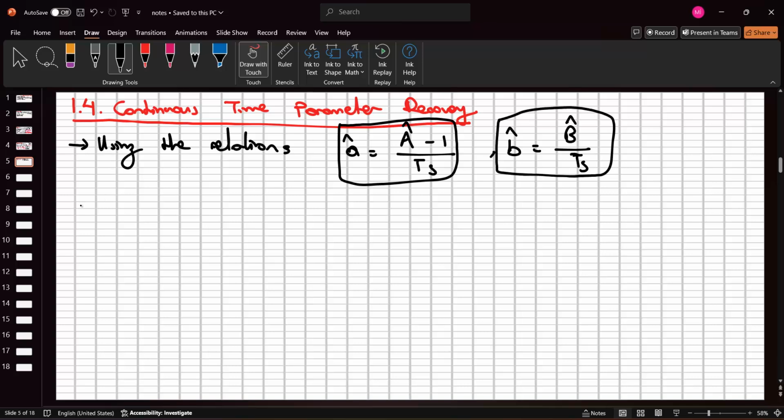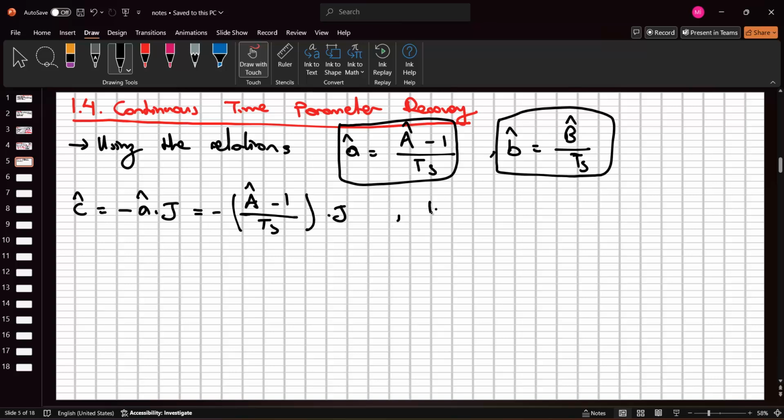And then the c hat, the estimated damping value, equals minus a hat times J, coming from the system parameters, right? And so this also equals minus (A hat minus 1) divided by Ts times J, okay?